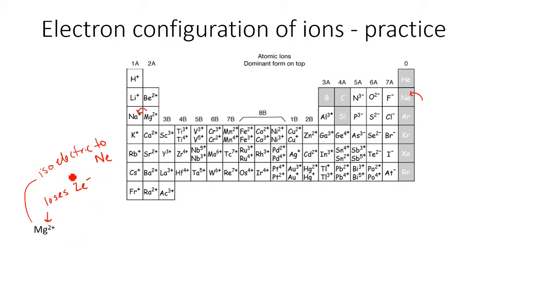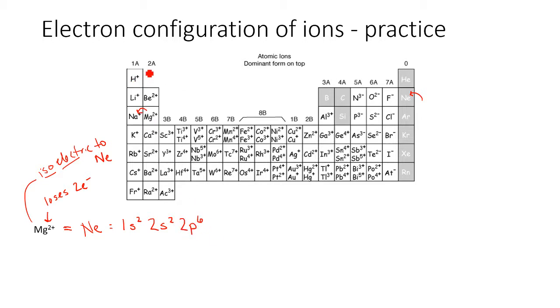So if I want to write the electron configuration for magnesium 2+, I really have to write the electron configuration for neon. These have the same electron configuration, isoelectronic. So neon's electron configuration is 1s2, 2s2, 2p6.